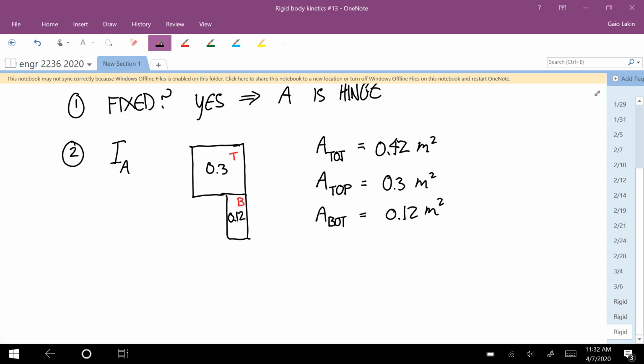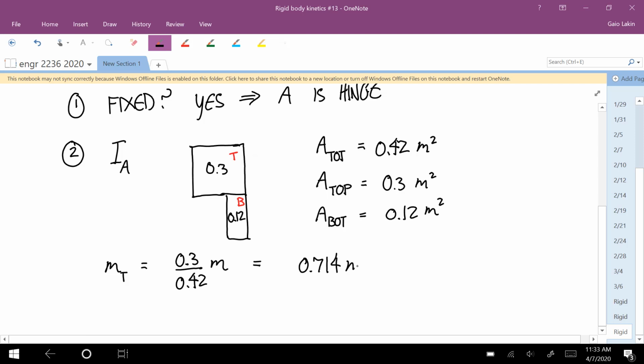Okay, so what do we know about the mass of the top? The mass of the top is this much of the total mass. And I'll get that just as a decimal, 0.3 over 0.42. So this is 0.714 m.